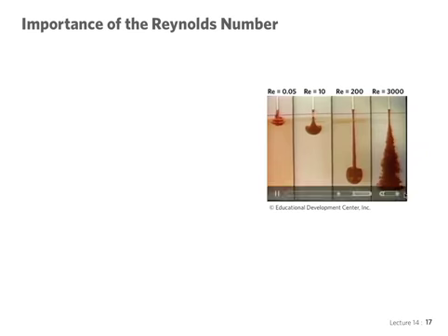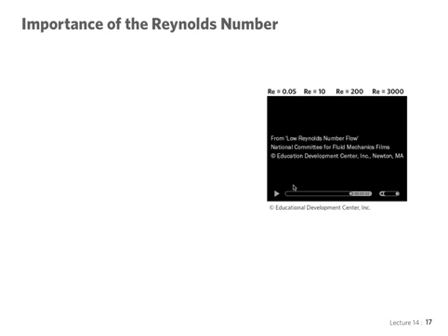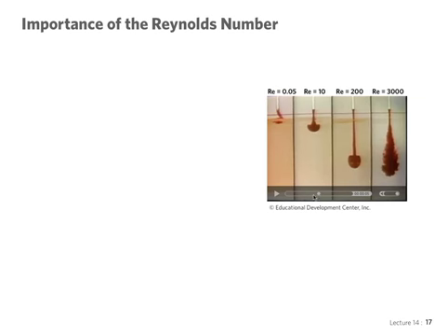Only for the case on the far right can the flow be characterized as turbulent, and you can see in the other cases it's much more orderly, and layers of flow can be seen to fold around very neatly.